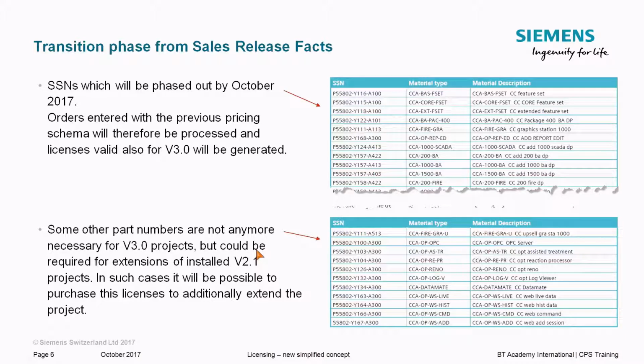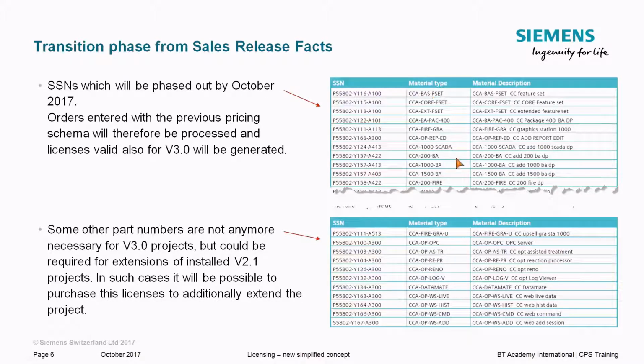Now let's come to the transition phase. Version 2.1, version 3, okay? By October 2017, which is gone basically, it was possible to buy all those features. This list basically is not complete. I just added the first few features here.